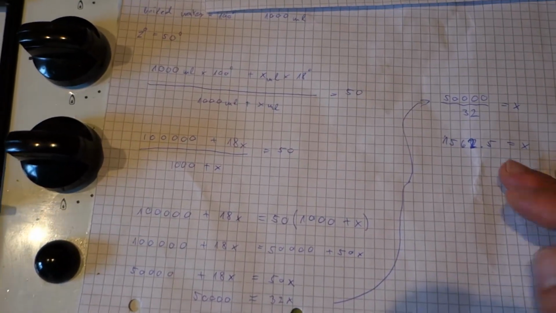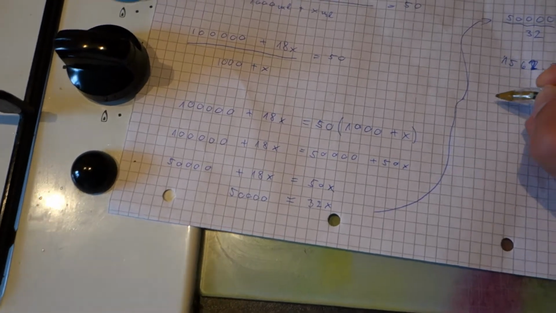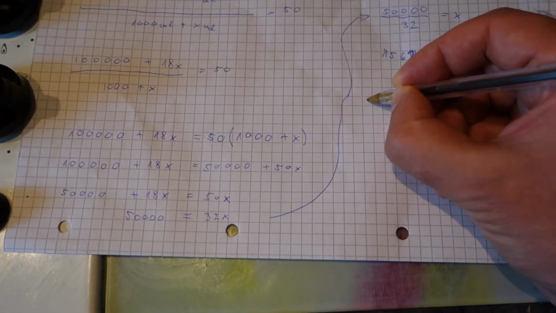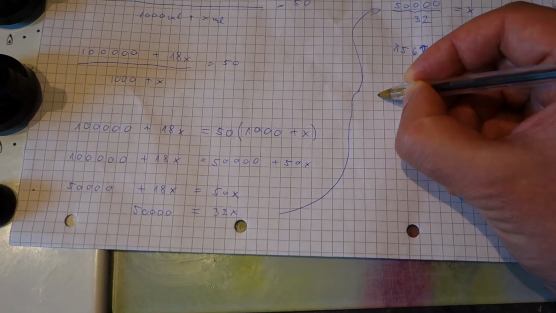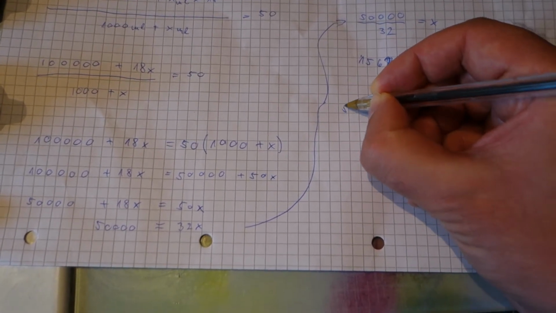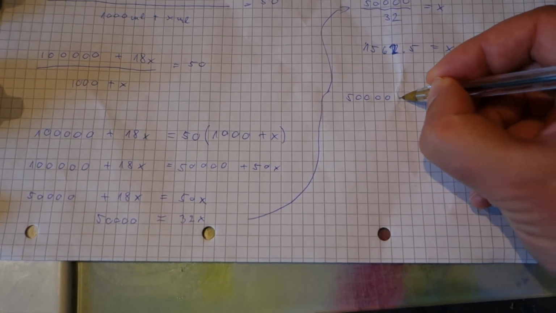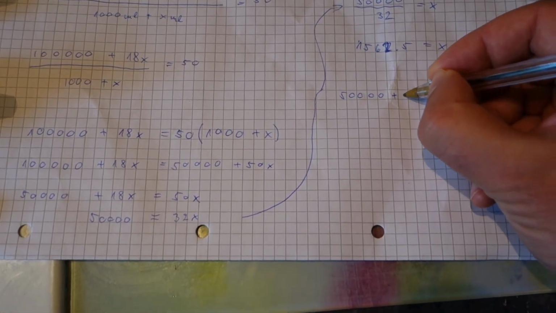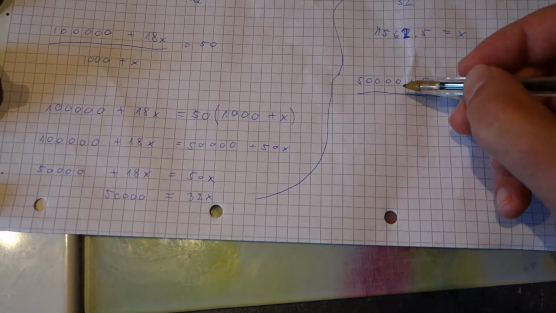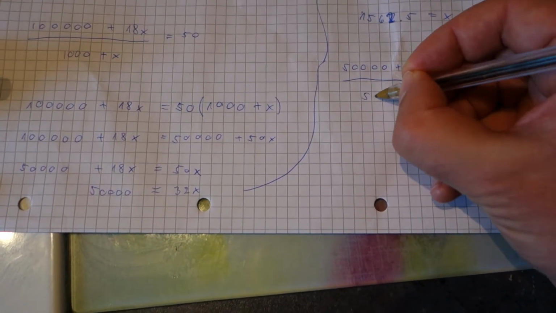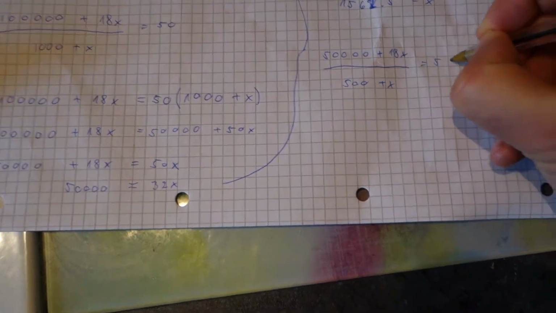But let's just run the whole thing with that. So I have, because 100 degrees, 500 times 100, that will be 50,000, plus 18x divided by 500 plus x equals 50.